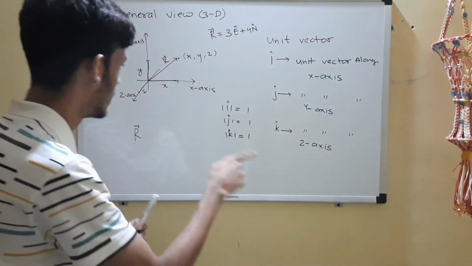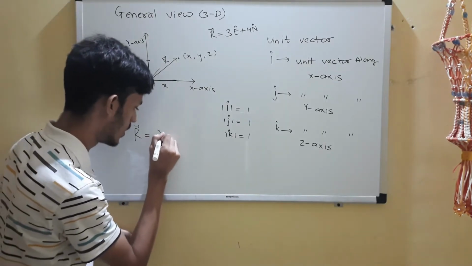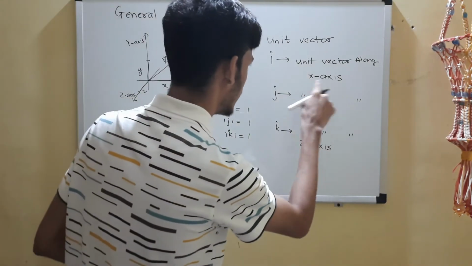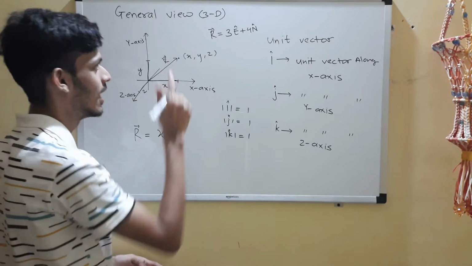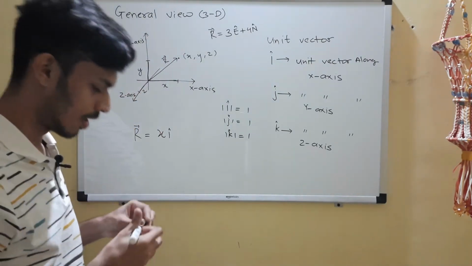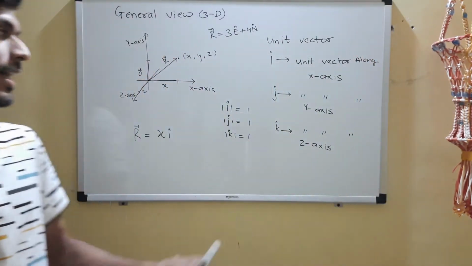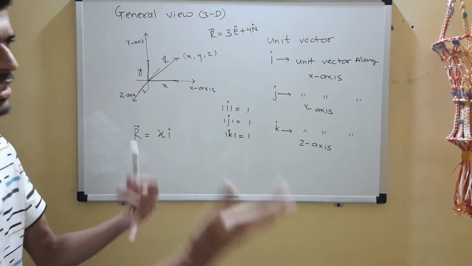So you have to walk the distance 3 along the x-axis. Along the east line there meant E cap, right? Now we are walking along the x-axis, so i cap, the unit vector along the x direction, and we have to walk the distance x.